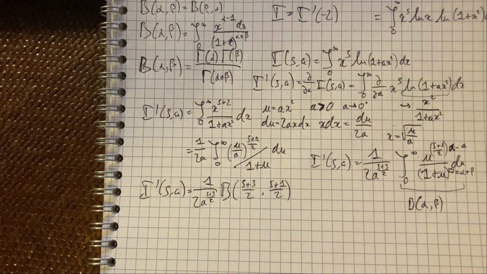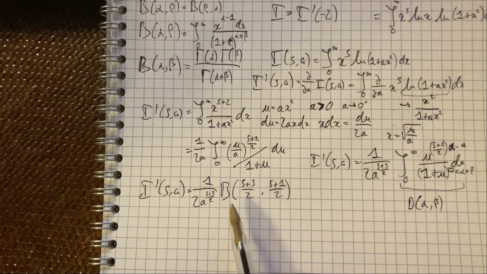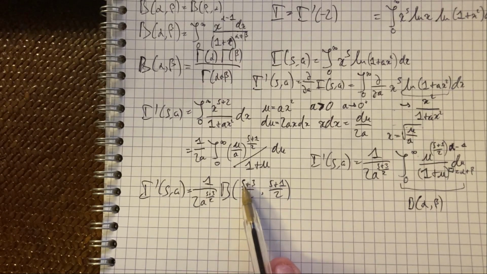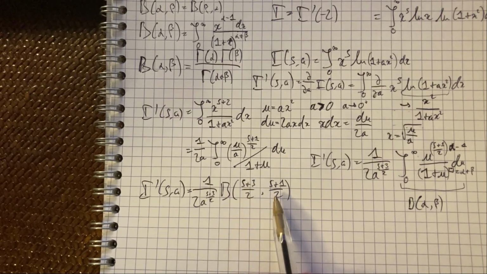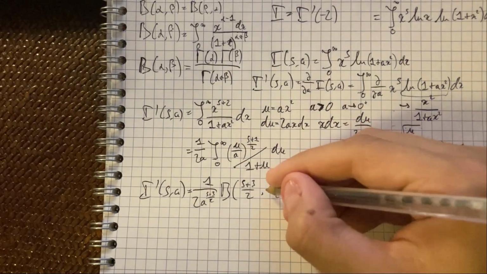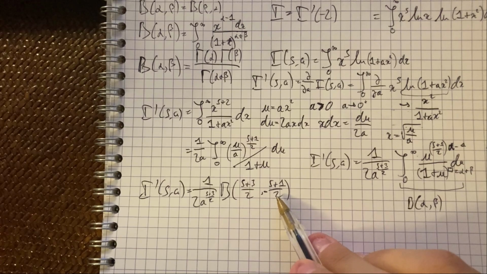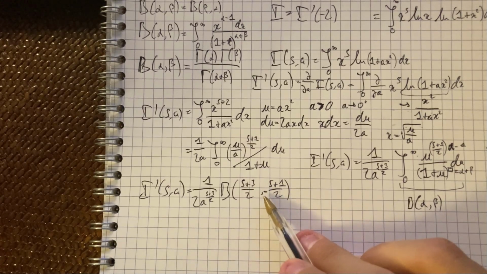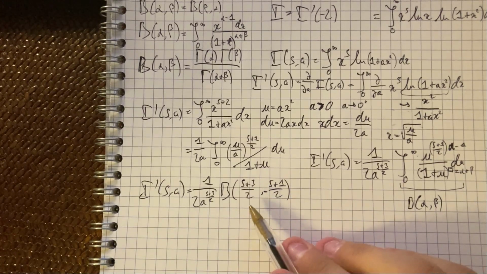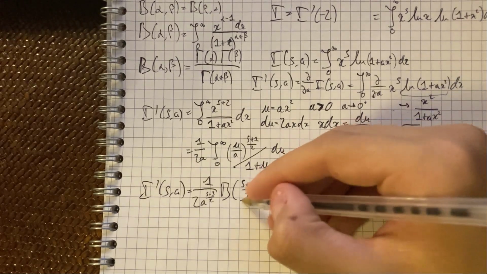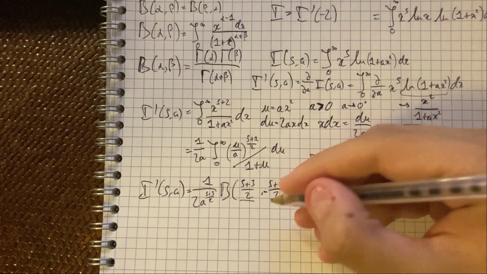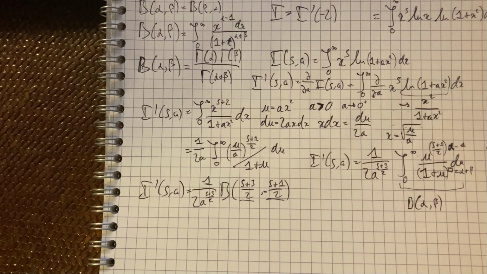And here you can check that this function is still defined for s approaching negative 2, because here we have negative 2 plus 3, so we have 1/2 here, and here I forgot this negative sign, sorry, we have negative 1/2 but with an extra negative sign, so when s approaches negative 2, this goes to 1/2, and this also goes to 1/2.